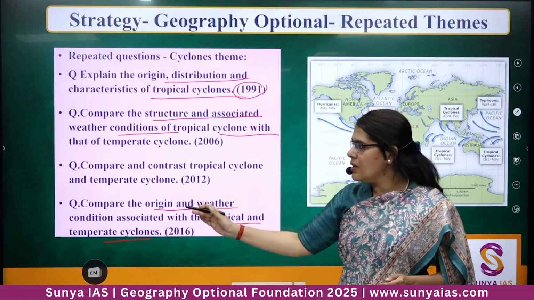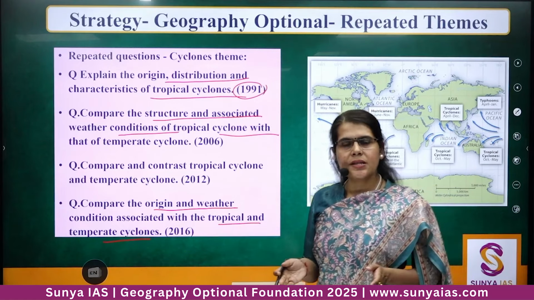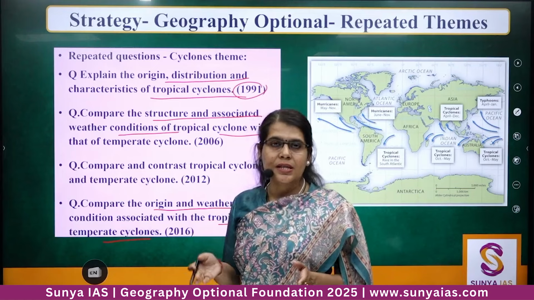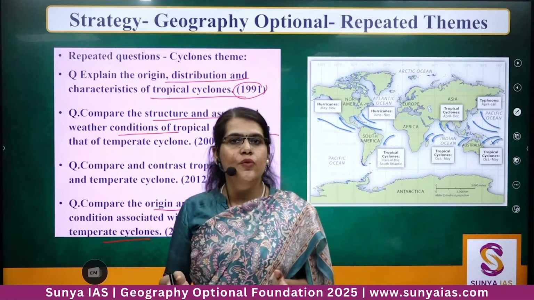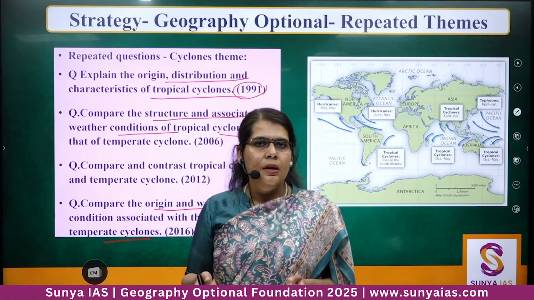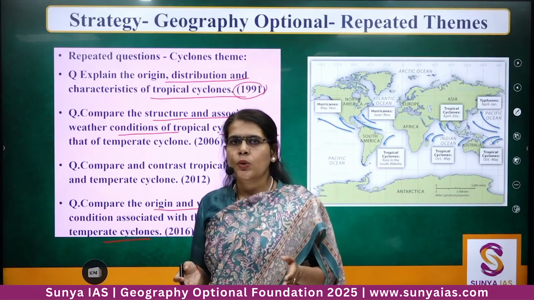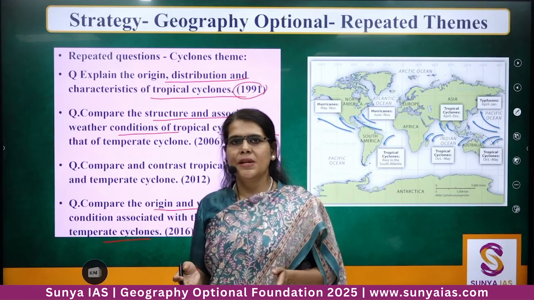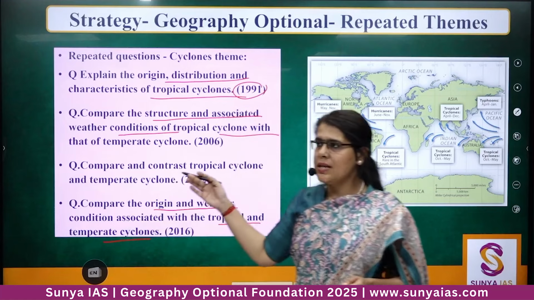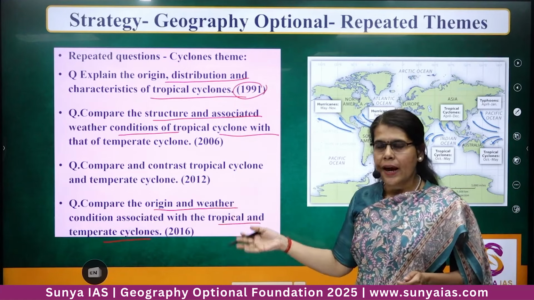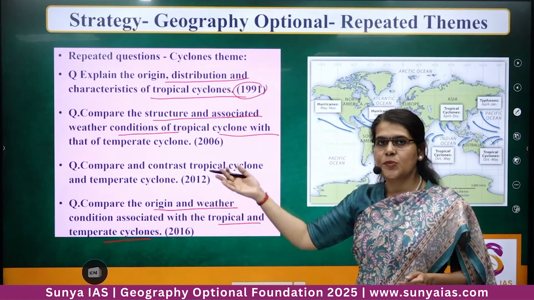Now you have an idea that this comparison and contrast has already been asked in the previous 3 times. Should you be prepared about that? Definitely yes. You cannot skip such questions if they have been asked in the mains examination.